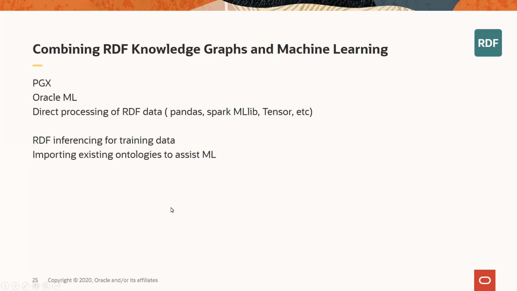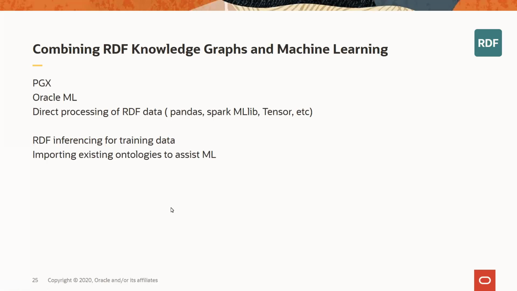You can use the Oracle ML straight directly onto the data, and you can also just access the data directly. So just using standard, whatever your favorite language is, Python or whatever, to run the machine learning algorithms and APIs that you like already. So you don't have to use something that's inbuilt. You can just access the data directly.